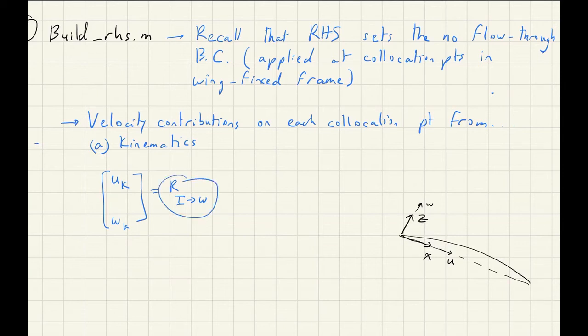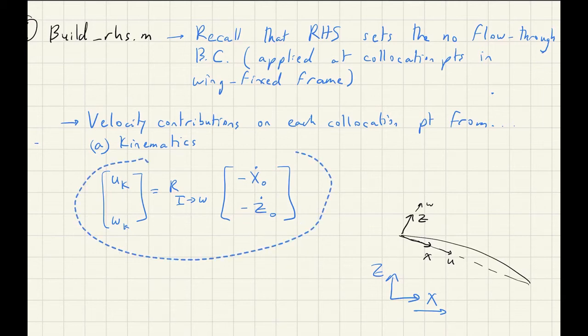This is the rotation matrix taking you from the inertial to the wing fixed frame of the vector minus x dot naught and minus z dot naught, where x dot naught is positive in the positive x direction, and z dot naught is positive in the positive z direction. Obviously, these are in the inertial frame.